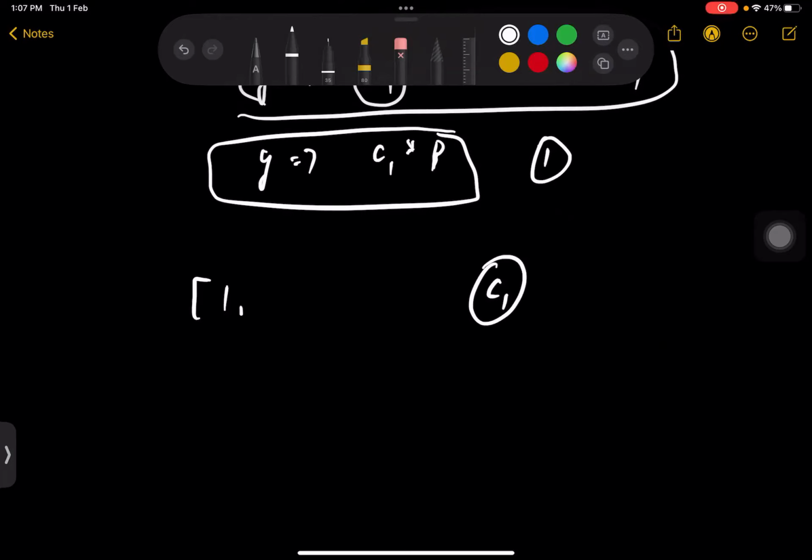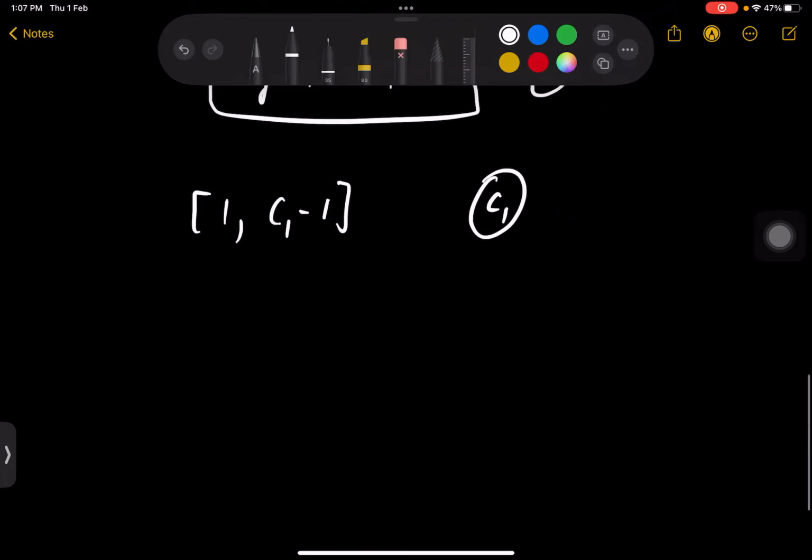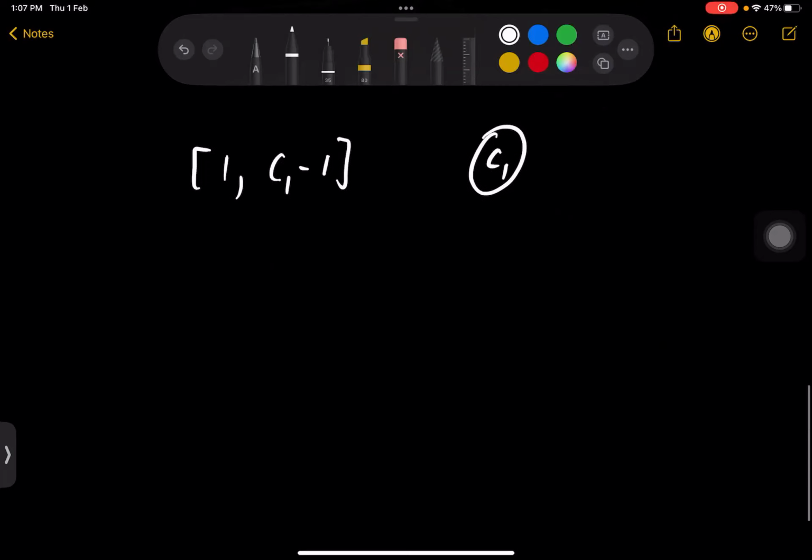Okay. Now let's consider GCD as 1, 2, and so on till C1 minus 1. In the GCD, the power should be, for now let's fix some number V. V ranges from 1 to C1 minus 1.